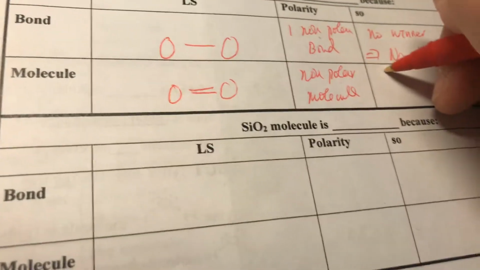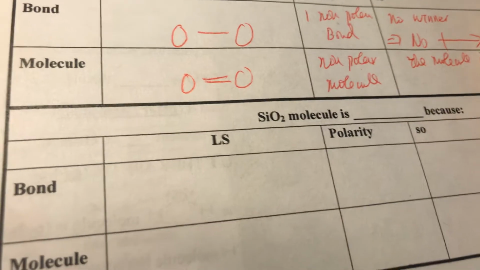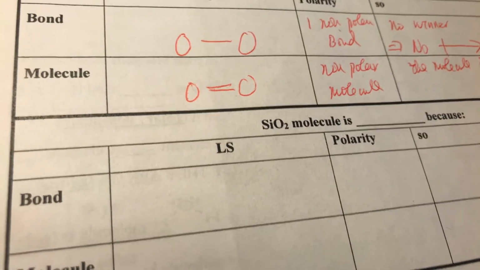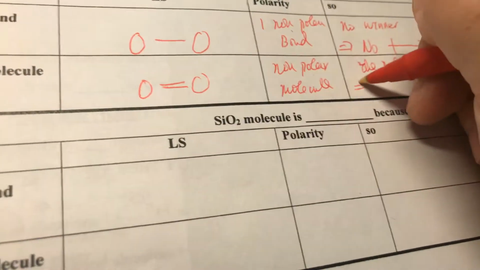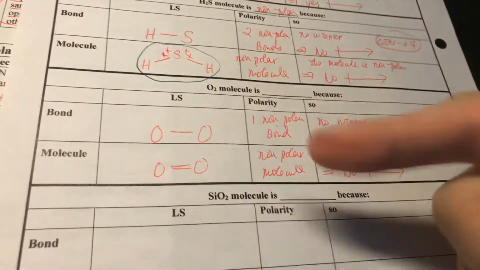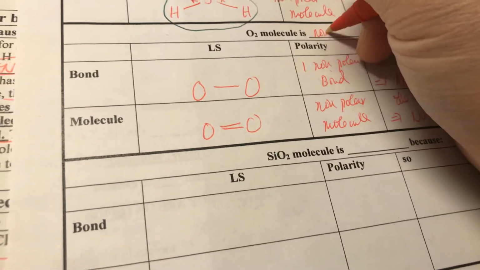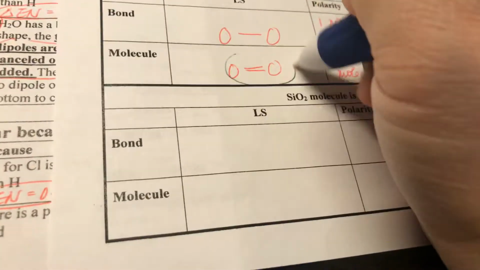So that means the molecule is nonpolar. So that's why we don't draw any symbol at all, because I don't have any arrow. So the oxygen molecule is nonpolar. And this is the answer.